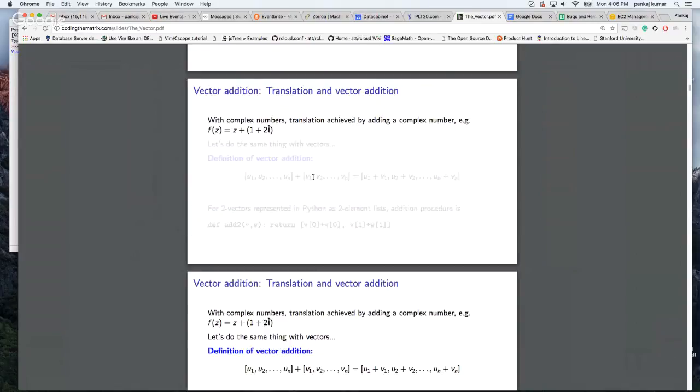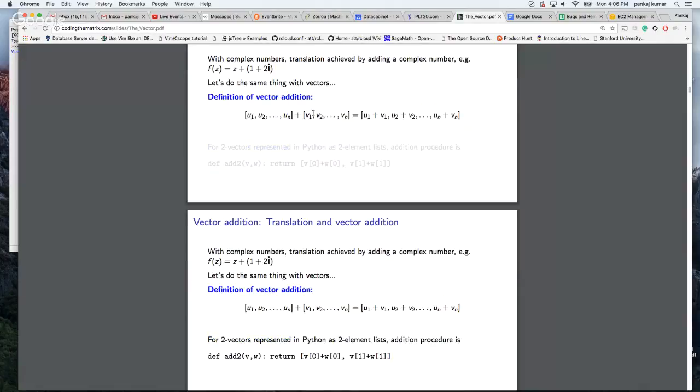Now, vector addition. Vector addition can also be interpreted as translation. So you take a number z, and you add, like in complex numbers, 1 plus 2i. In vectors, you will add each component to its corresponding component, and that way this is also called translation.